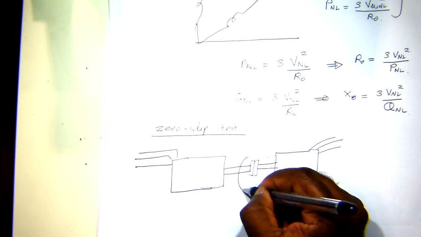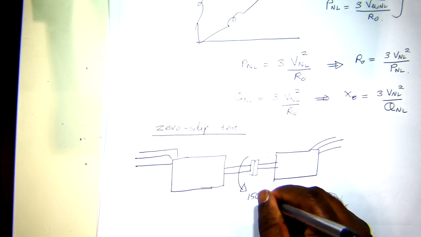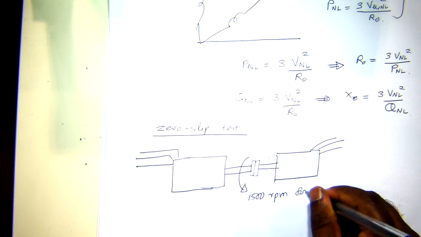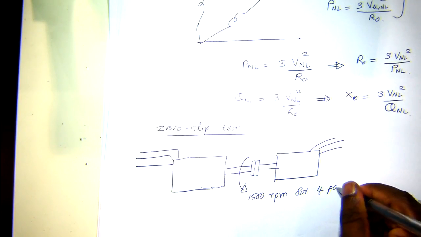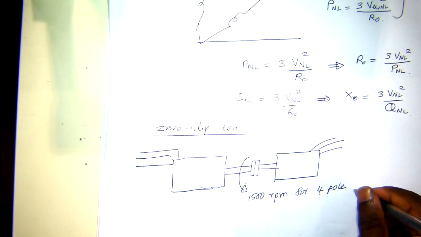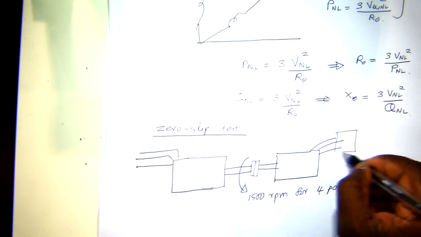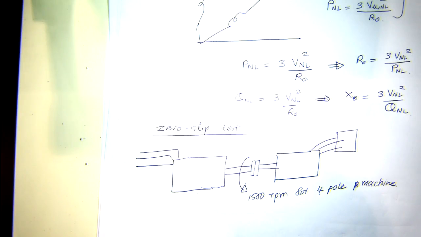This will be running at 1500 RPM, for example, for a two-pole pair, 4-pole machine. This is controlled to run the shaft at exactly synchronous speed.